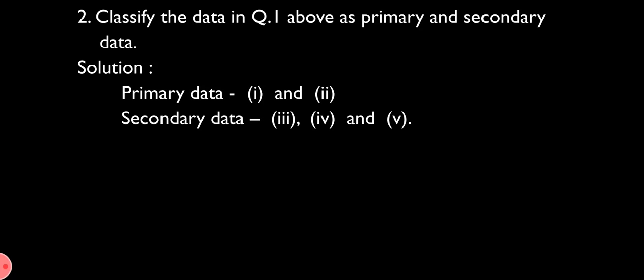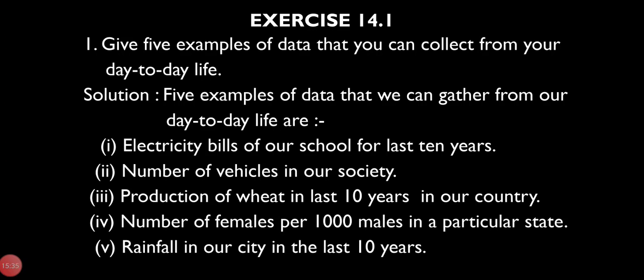Let's cross check once with our examples. Now our first example, that is electricity bills of our school for the last 10 years. You know that electricity bills of our school come to our school only, and they are already placed in our offices, and from there we can directly take 10 years of bills, collect the information and prepare the data.